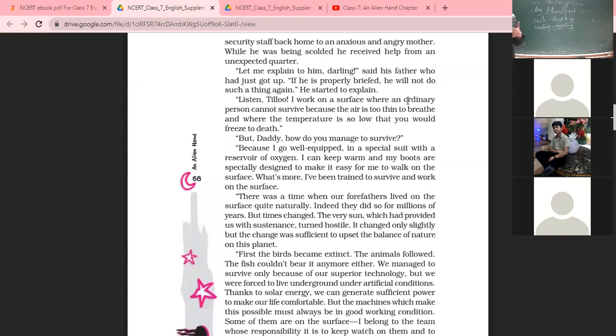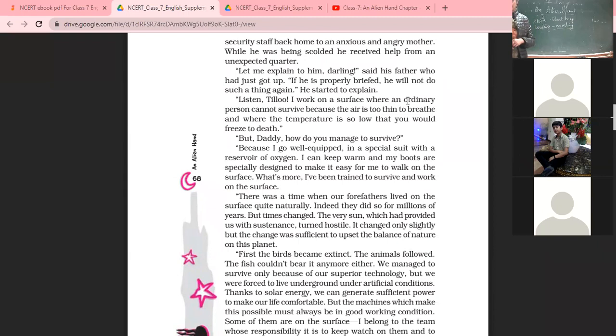He said, I can keep warm means there is a special suit which is special manner that when I'm going on the surface, I can keep myself warm. And my boots are also specially designed, special type of dress I'm wearing. My boots are also very special because it will make it easy for me to walk on the surface.